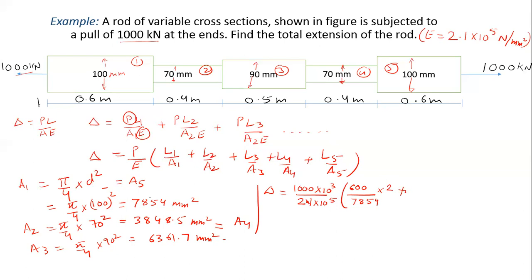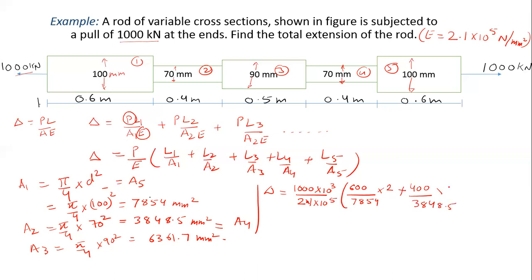So L1 upon A1 plus L2 upon A2. L2 is 0.4 meter, so it will be 400 mm divided by 3848.5.